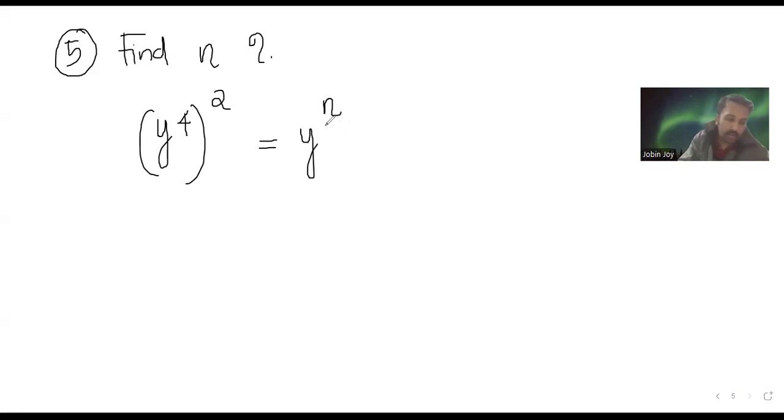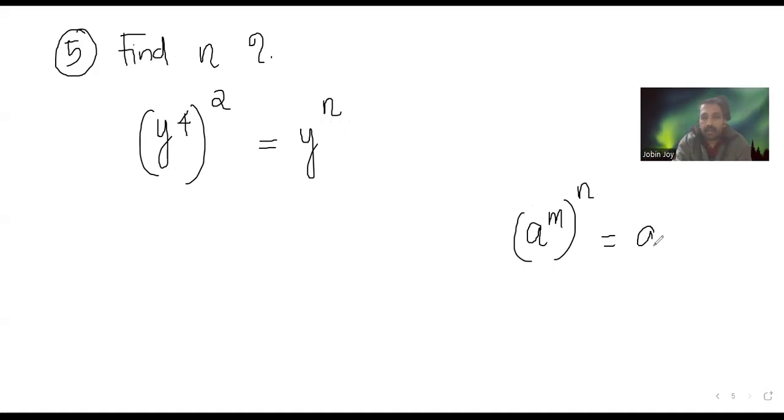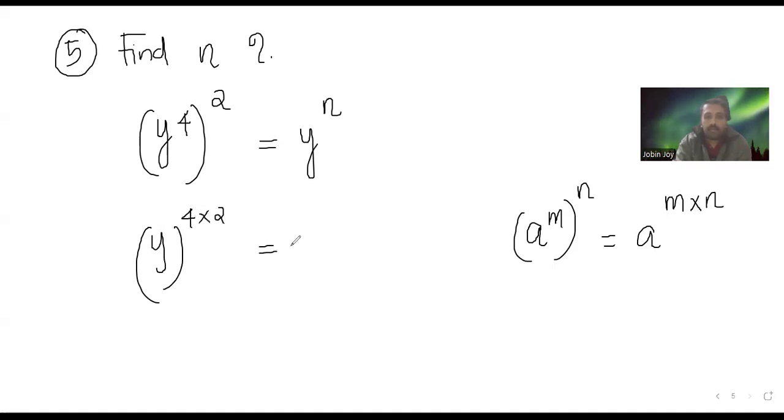So we will apply this law. A raised to m the whole raised to n equals a raised to m into n. So I can write y raised to 4 into 2. This will be equal to y raised to n.